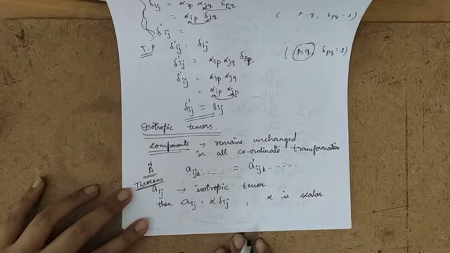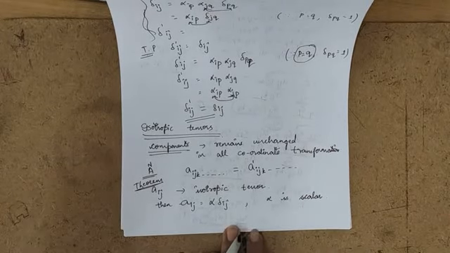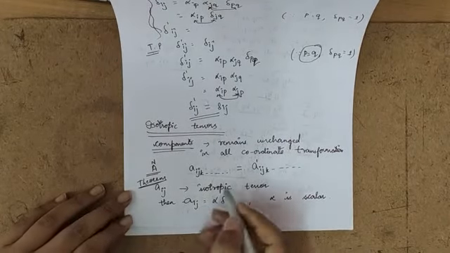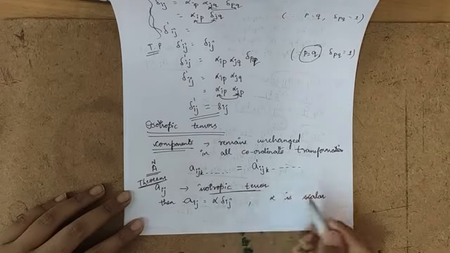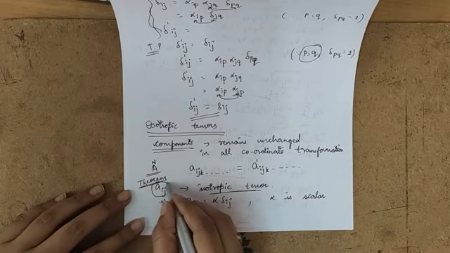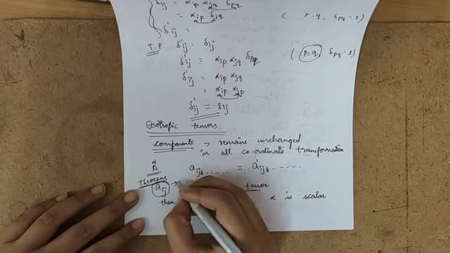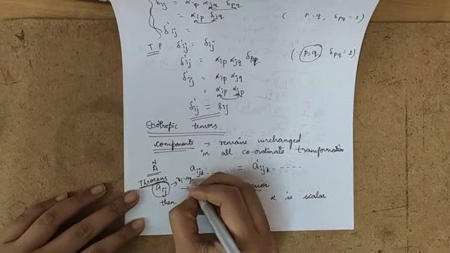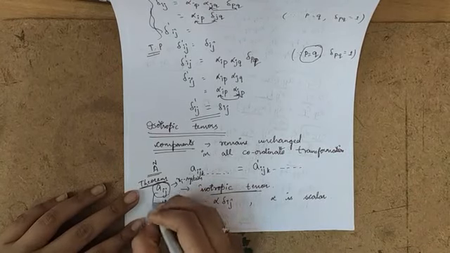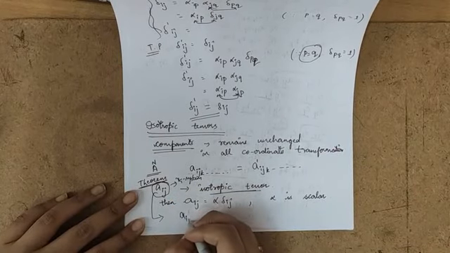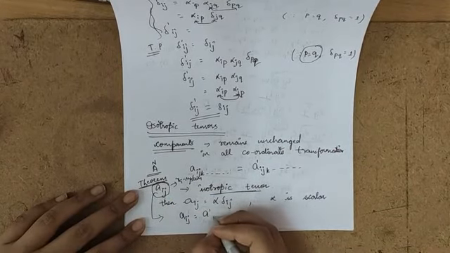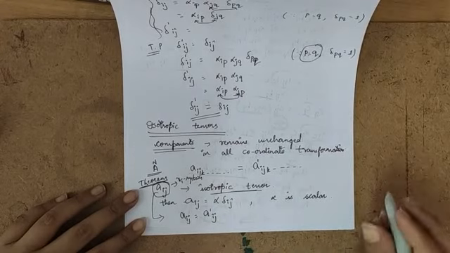This is the statement of the theorem. We can prove this theorem using the concept of an isotropic tensor. That is, A_ij is the component of an isotropic tensor in the x_i system. That means I can write A_ij is equal to A prime_ij.